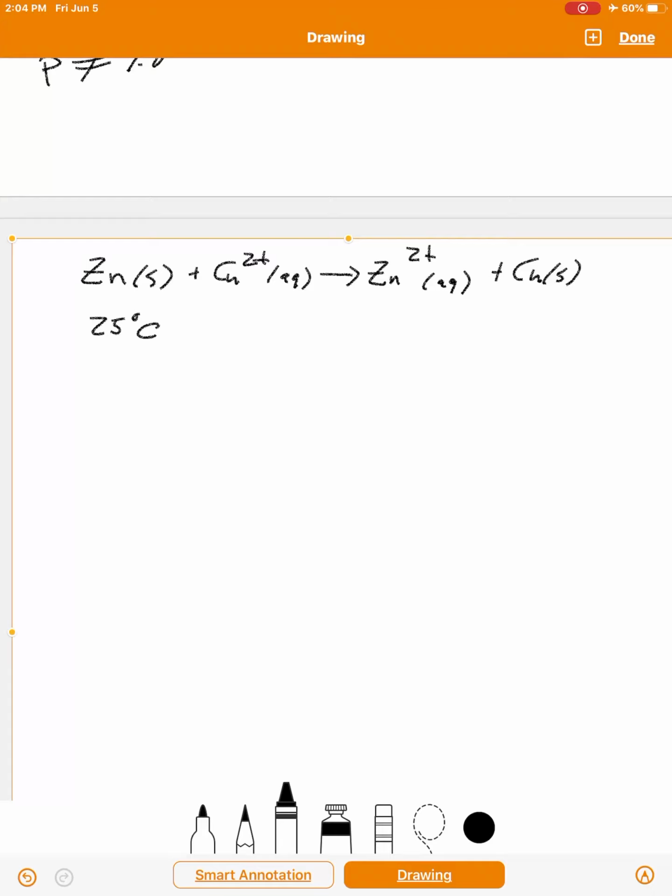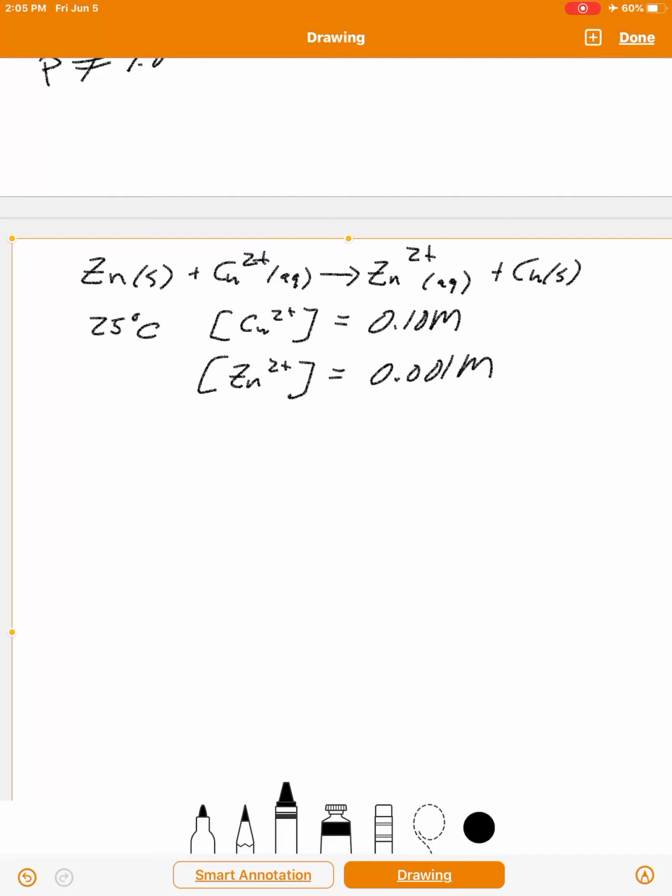So let's pick a couple of concentrations here just to take a look at what we might get. Let's say, for example, the concentration of copper 2 plus is 0.1 molar, and the concentration of zinc 2 plus is 0.001 molar, right? I'm just picking some easy numbers to deal with.